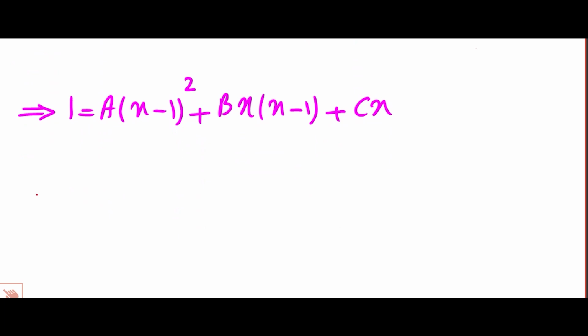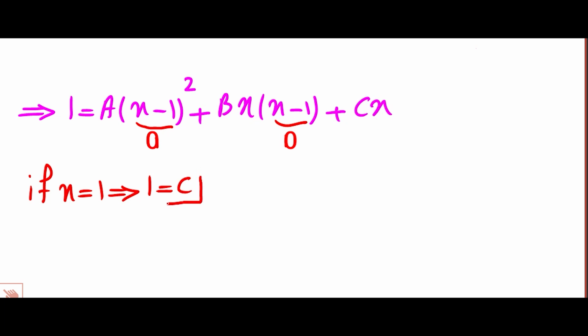So for example, if x equals 1, so we have 1 equals a times 0 and b times 0 because x is 1. So here is 0, here is 0, and here is c. So c equals 1, right?